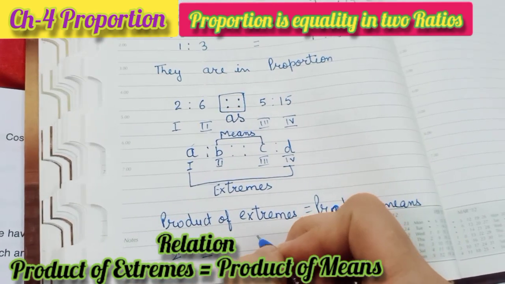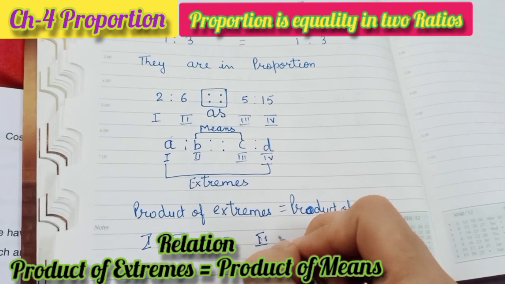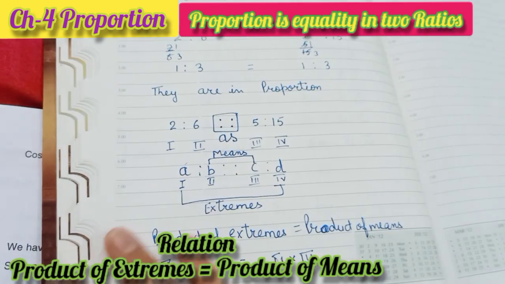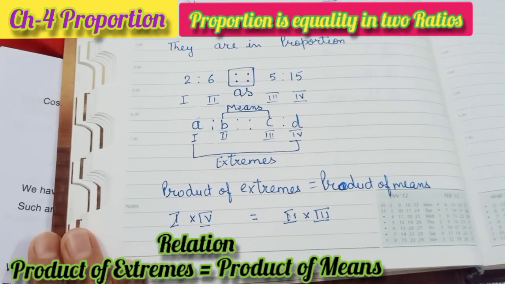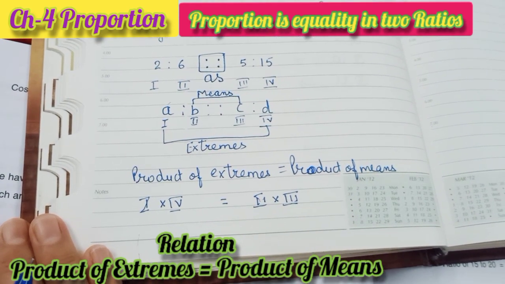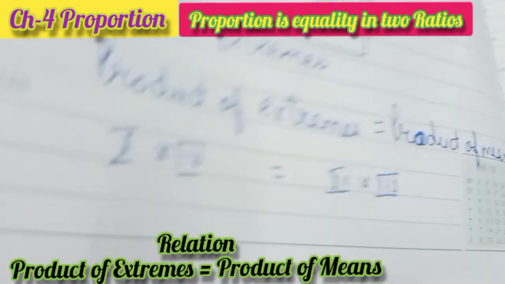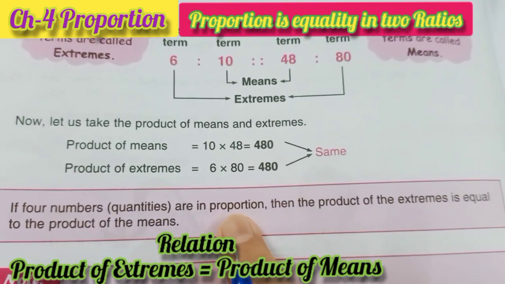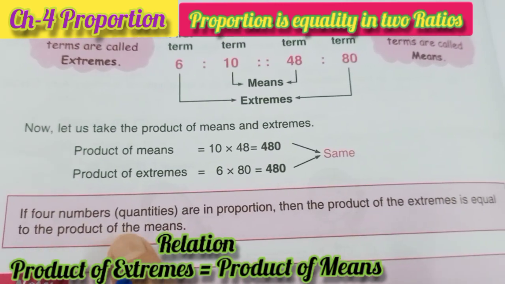If we multiply these, they are equal to the product of means. Means are the second term and third term. If we find the product of these two, extremes and means, they are the same, equal. So if four quantities are in proportion, then the product of extremes is equal to the product of means.